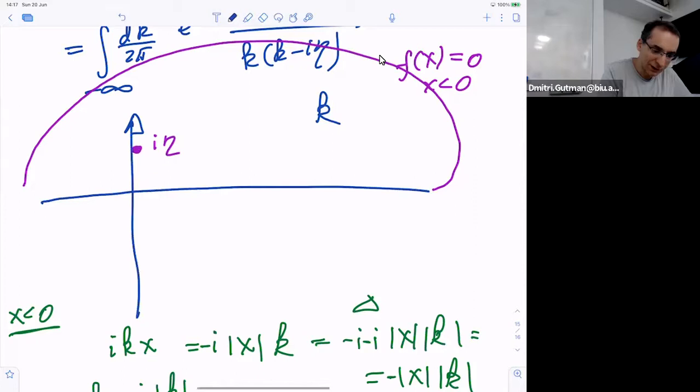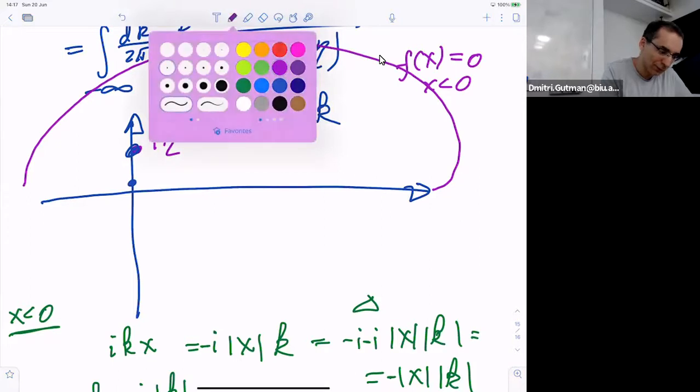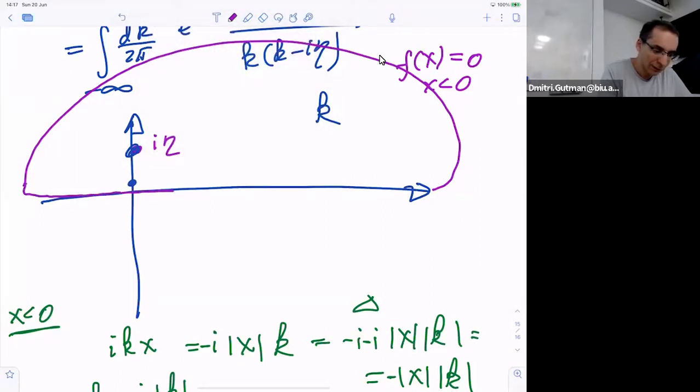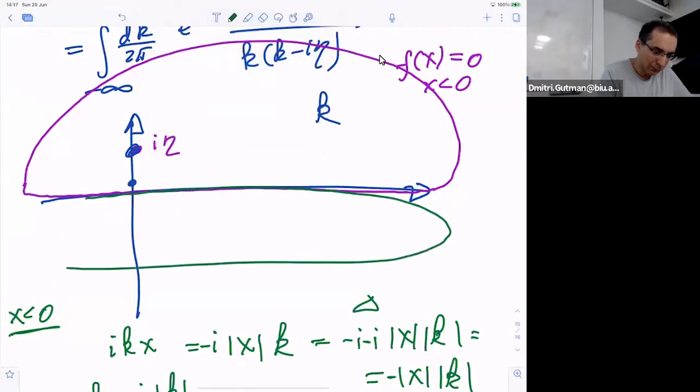So there is this pole, and then this point at 0, I'll shift it there, such that now I have two options. Option number 1, like this, and option number 2, like that. So this is the pole at 0 that I pushed up a little bit into the upper half plane. So I modified this and added here minus i0.